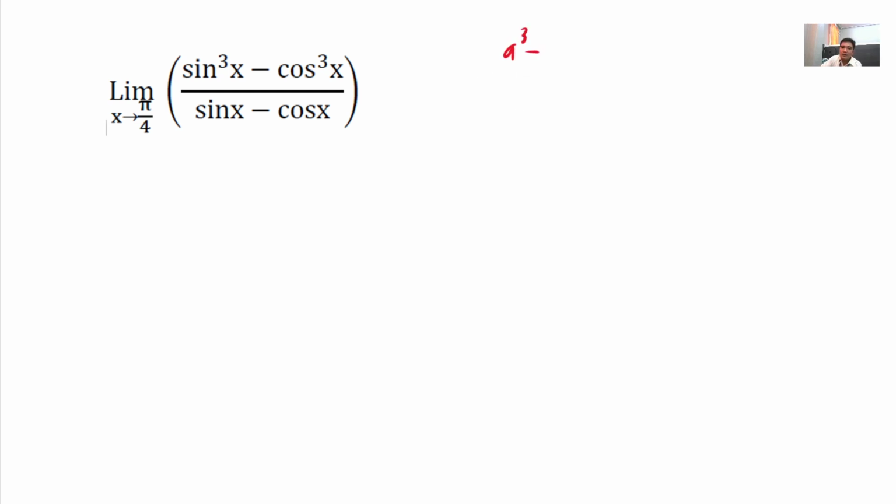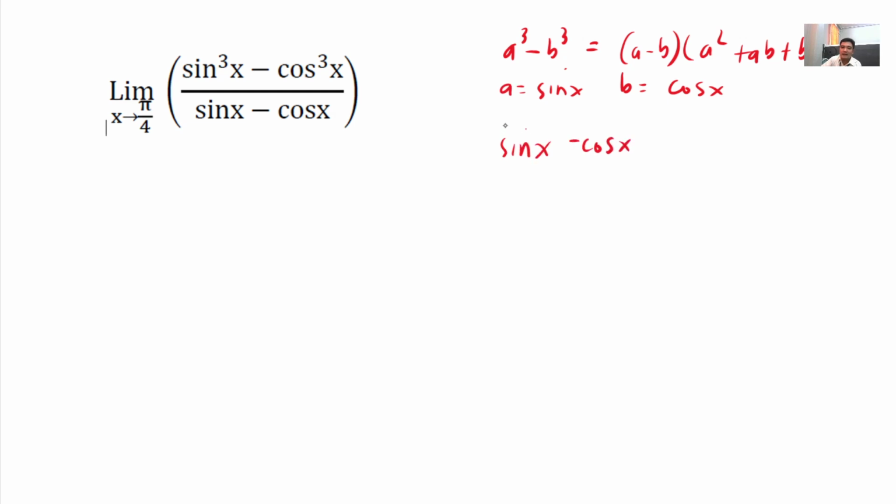And that is a cube minus b cube is equal to a minus b times a squared plus ab plus b squared. Wherein ang a ko dyan ay sine x, ang b ko dyan ay cosine x. So that is sine x minus cosine x times sine squared x plus ab, so sine x cosine x plus b squared, cosine squared x.